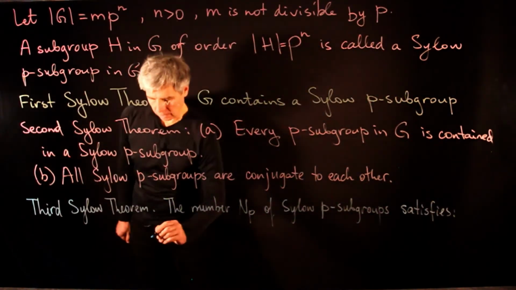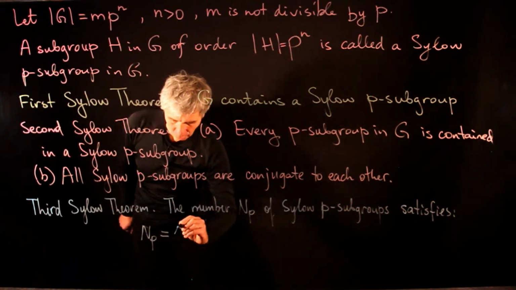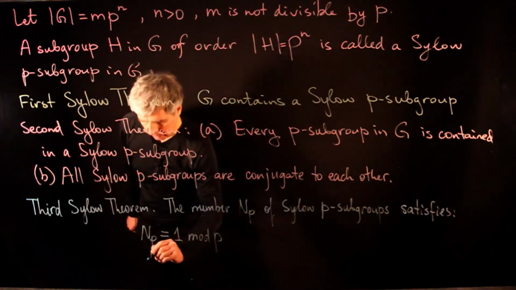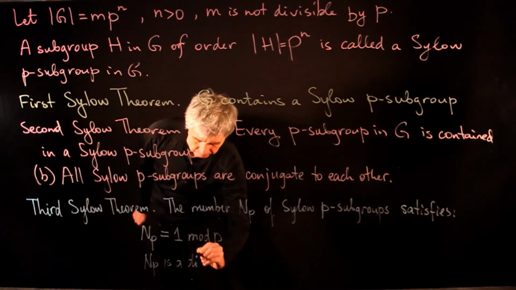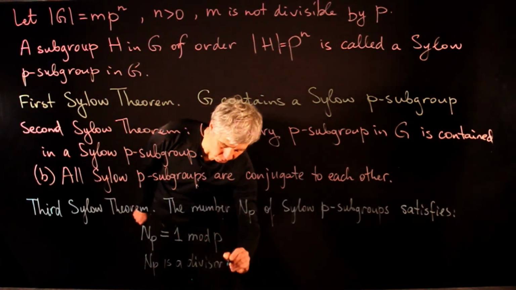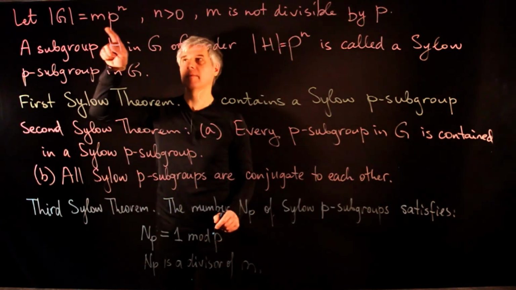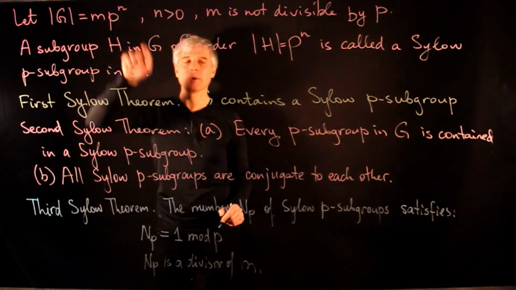One is that n_p is 1 mod p, and the second relation is that n_p is a divisor of m, where m is this coprime factor such that the order of G is m p to the power n.